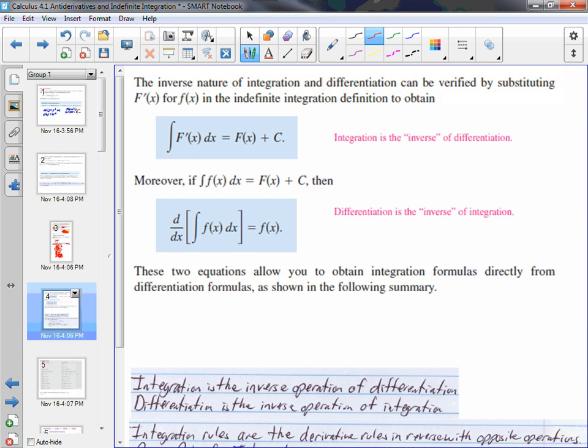All right. The inverse nature of integration and differentiation can be verified by substituting capital F prime, oh great. We just learned capital F today, and now they're already taking a prime. Capital F prime means the derivative of capital F. Where did capital F come from? It was the antiderivative of little f.